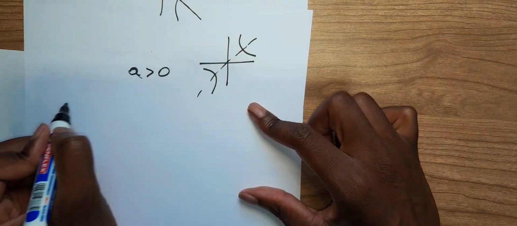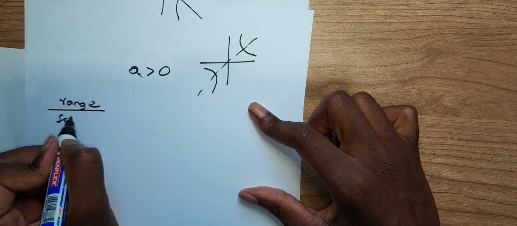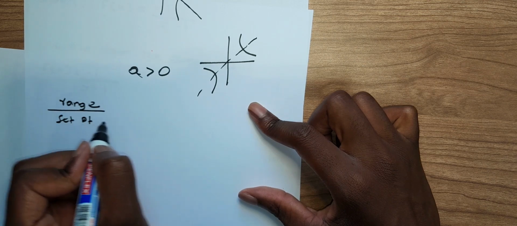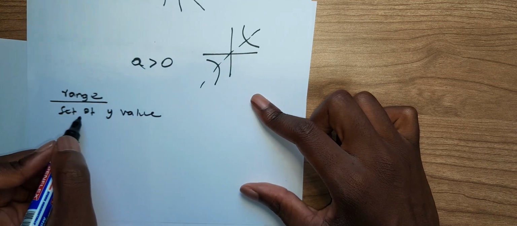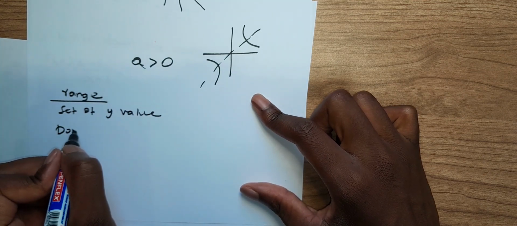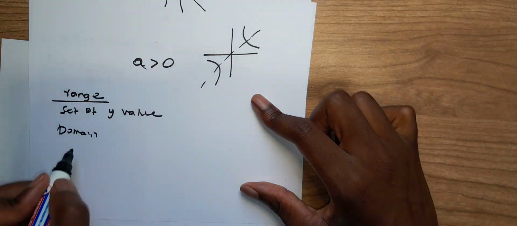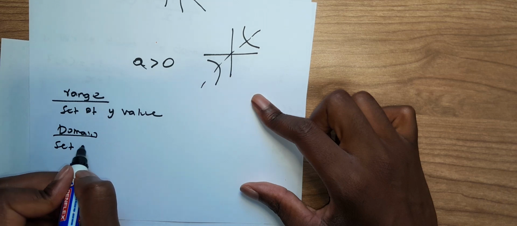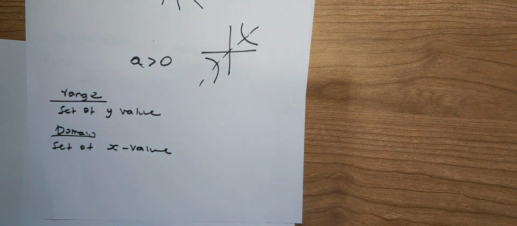What is the range? The range is the set of y values where this graph exists. And the domain is the set of x values where the graph actually exists.